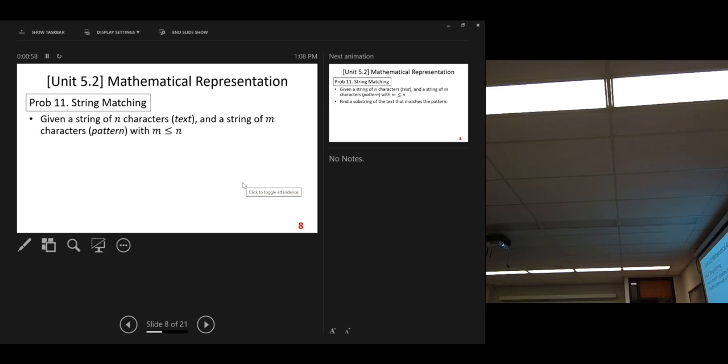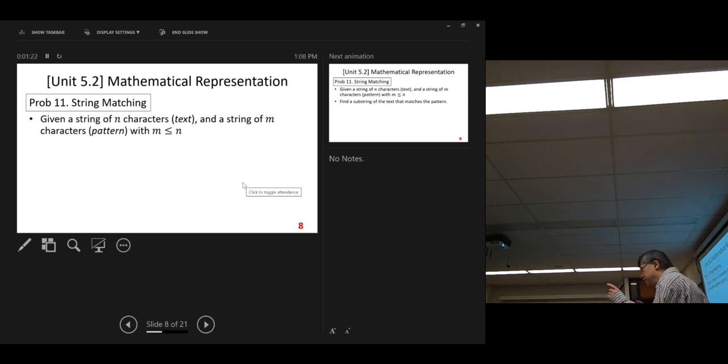Given a string of n characters, we call it the text. A block, a text, a long string. And another string of m characters, we call a pattern. Pattern, smaller. M less than or equal to n.